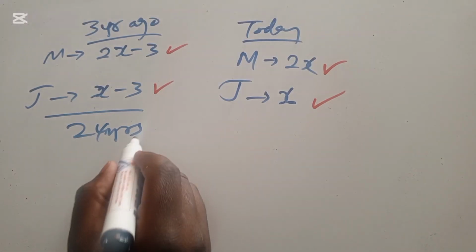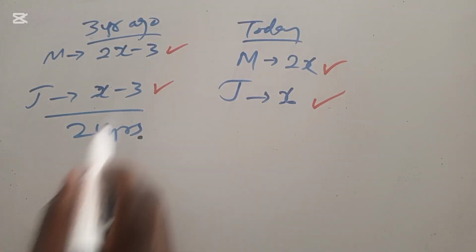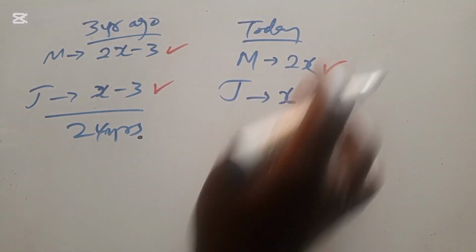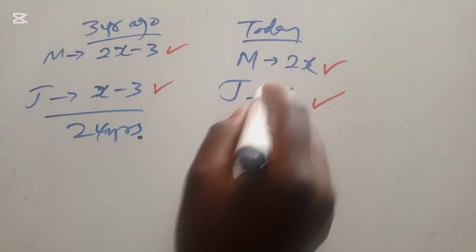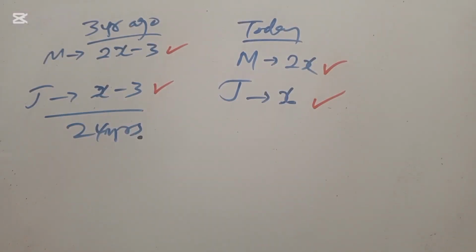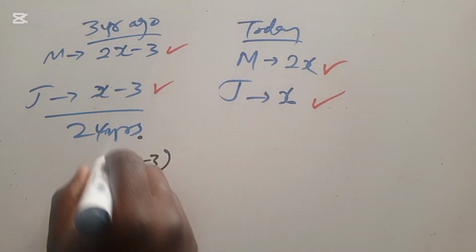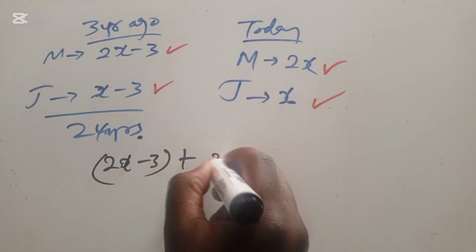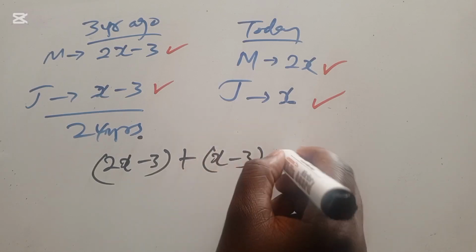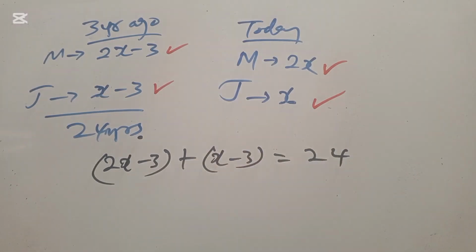You use what you know, that the sum of this is 24. This one can't help much, you don't know where to introduce a number. So here you have 2x minus 3 plus x minus 3 is equal to 24. If you add these two, they'll give you 24. Why did I add the brackets?